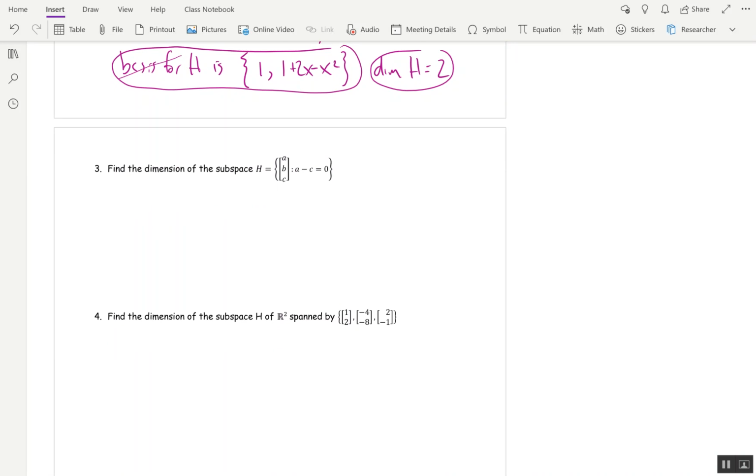Find the dimension of the subspace H that looks like the vectors A, B, C such that A minus C equals 0. Now, there's an equation in this description, so rather than using col A, we want to use null A. So we want a basis for null A, where A is the coefficient matrix 1, 0, negative 1.